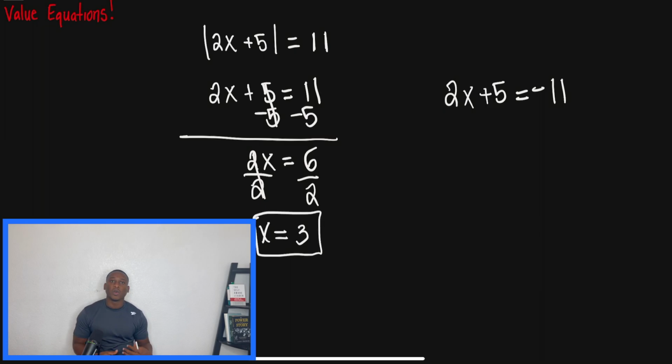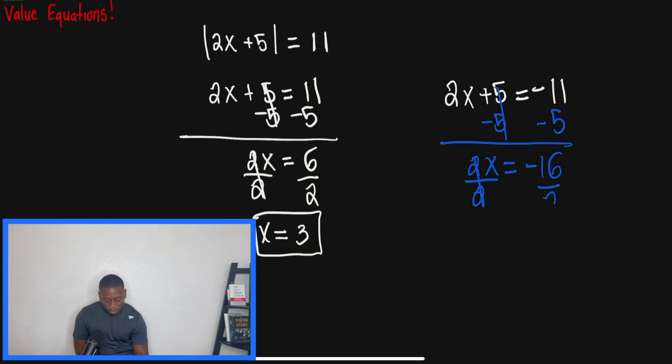Now let's solve the other equation. Same steps, but the difference now is, remember, 11 is negative. So this problem is going to be 2x is equal to negative 16. And then final step, guys, we divide by 2. x is equal to negative 8.